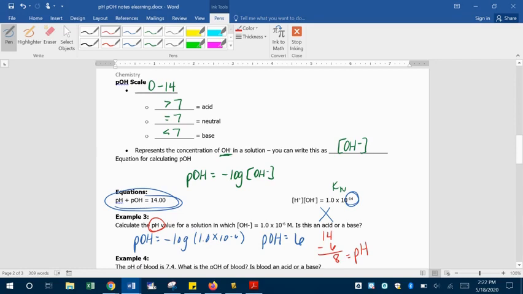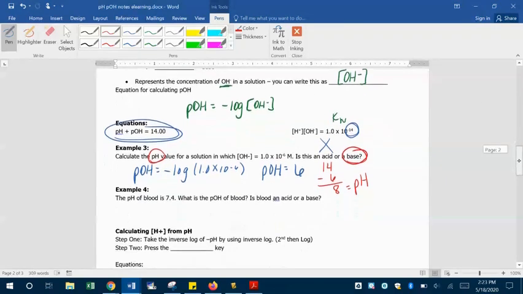And then last part of this question, is this an acid or a base? Because my pH is greater than 7, this would be a base. Also, look, I could answer that same question with my pOH. Because my pOH is less than 7, that makes this a base as well. So it doesn't matter which number you look at. You should get the same answer.